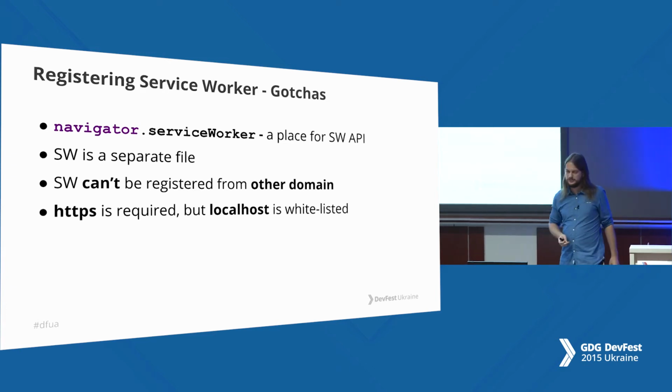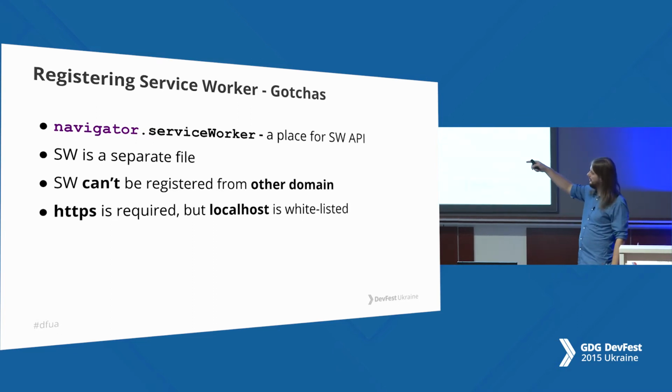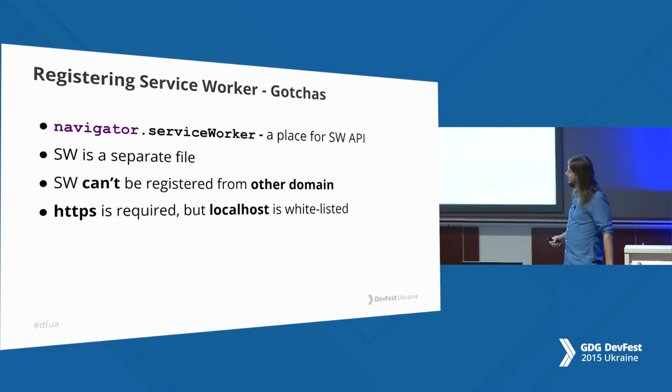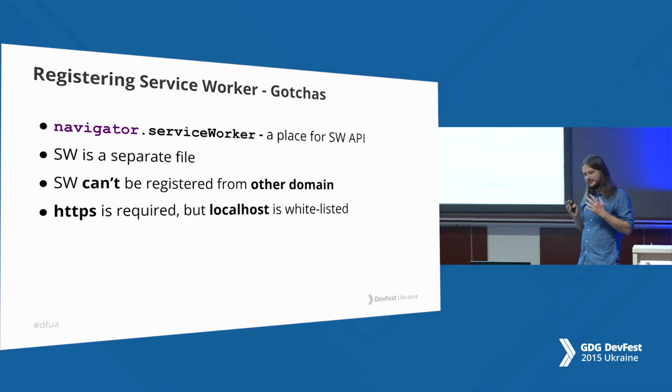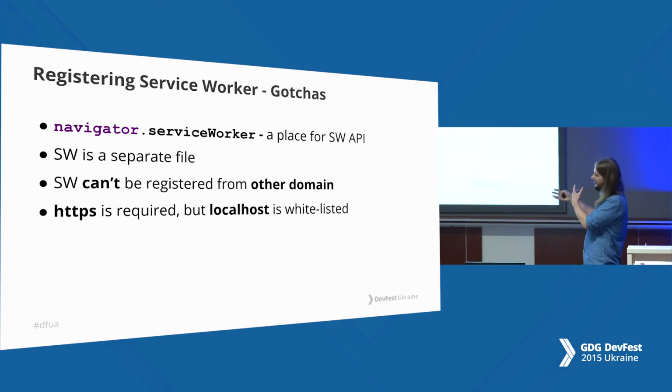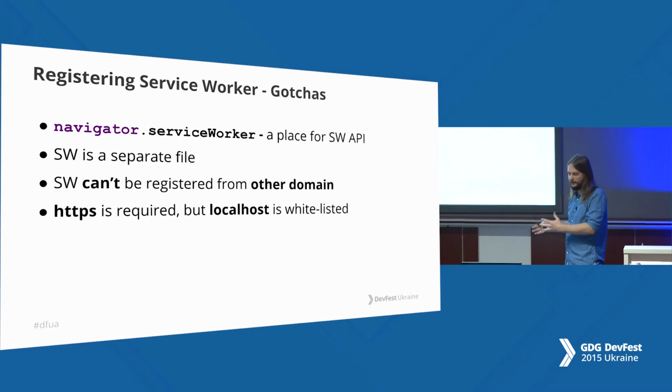And here I want to stop for a while, because look at these last three points, yeah? It's all about security, because service workers normally produce a lot of security questions, like, wow, somebody can register their own service worker on my site, and it will do some weird stuff, maybe like mining bitcoins or something else.